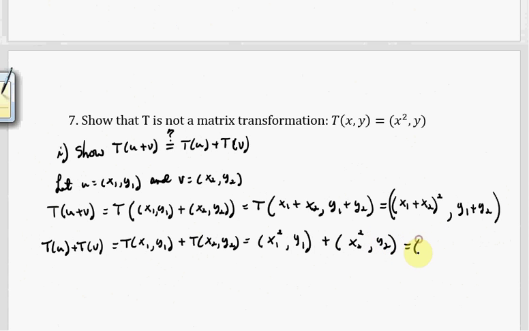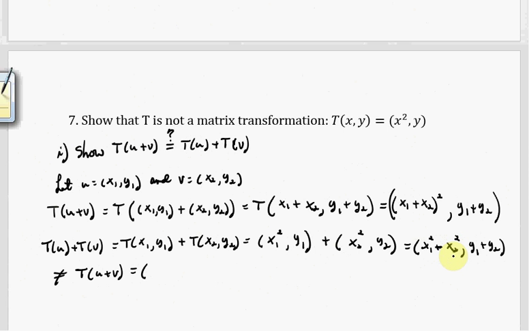And we add them together, you get (x sub 1 squared plus x sub 2 squared, y sub 1 plus y sub 2). This is not equal to T of u plus v, right? Because T of u plus v has (x sub 1 plus x sub 2) squared, which is not the same thing as x sub 1 squared plus x sub 2 squared, right?